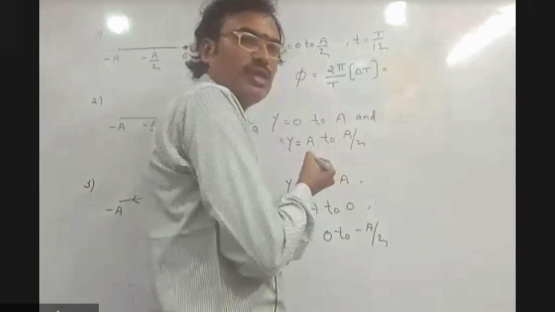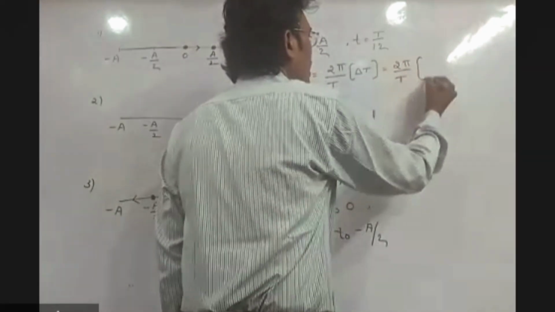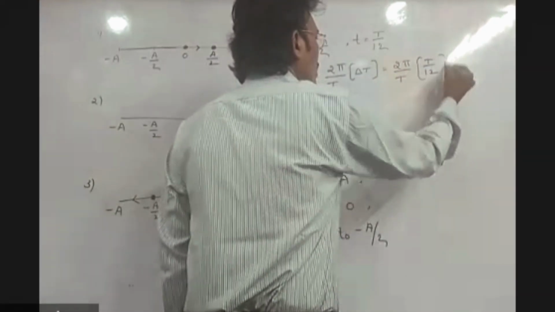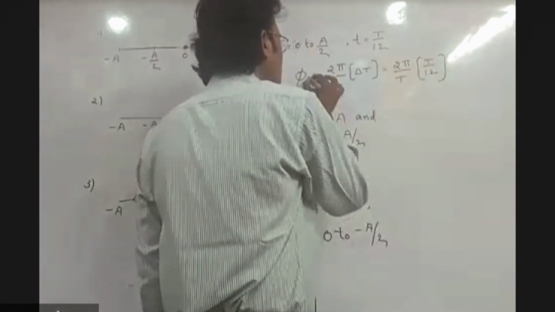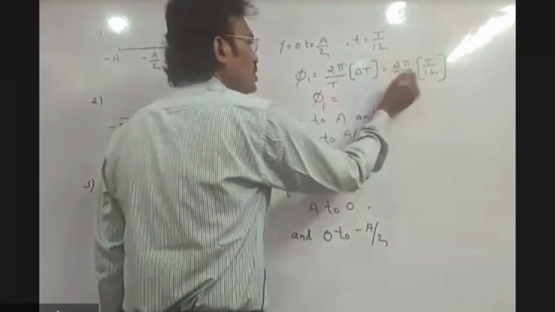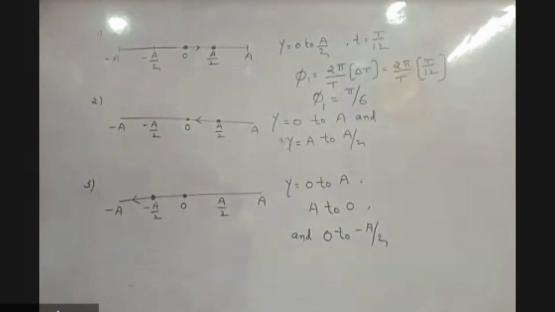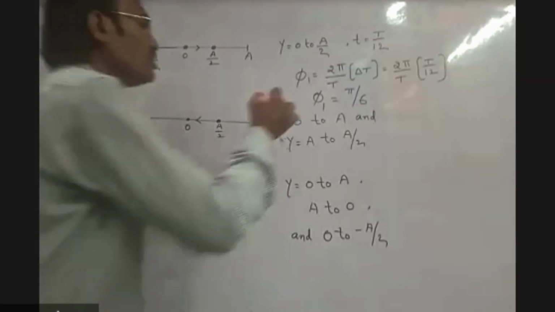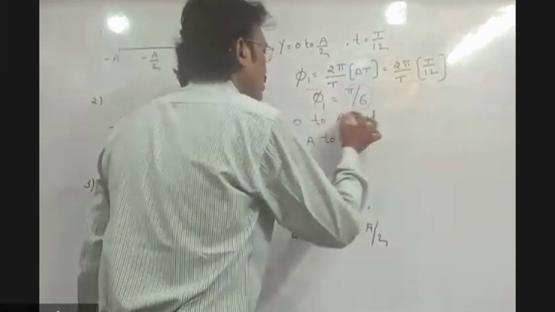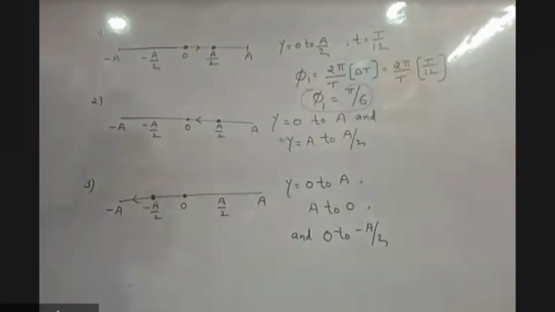Delta T is T by 12. T gets cancelled. This I am taking as phi 1. Phi 1 is equal to 2 into 1 by 12, which is pi by 6. This is the first one.